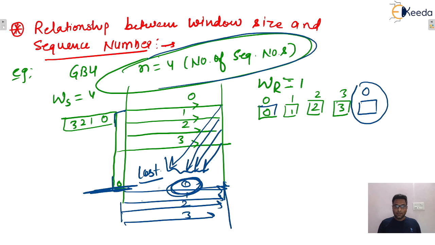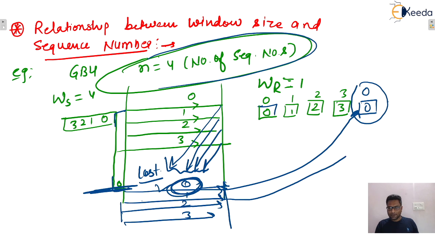But actually, your sender transmits the first set of packets, and that first set of packets will be received by the receiver, isn't it? So we can say that the first set of packets will be received as a second set of packets by the receiver. Is that clear or not?